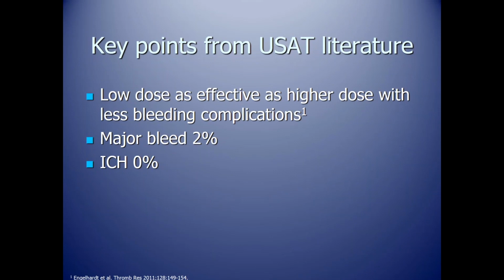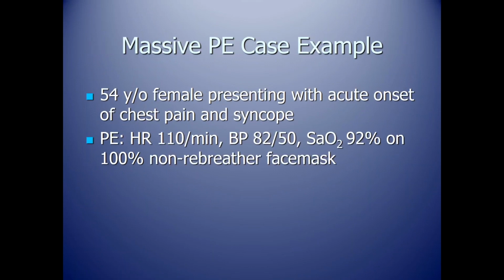However, there were no bleeding complications. And so that was really why a lot of us started using that lower dose of somewhere between 20 and 24 milligrams of TPA. And again, major bleed rate will still be about 2% with no intracranial hemorrhages.